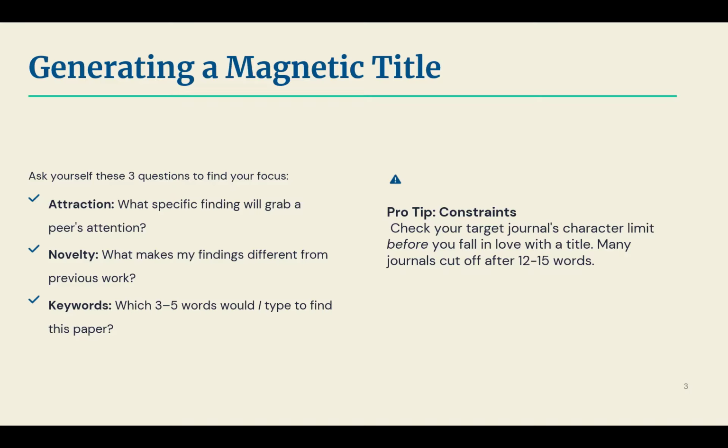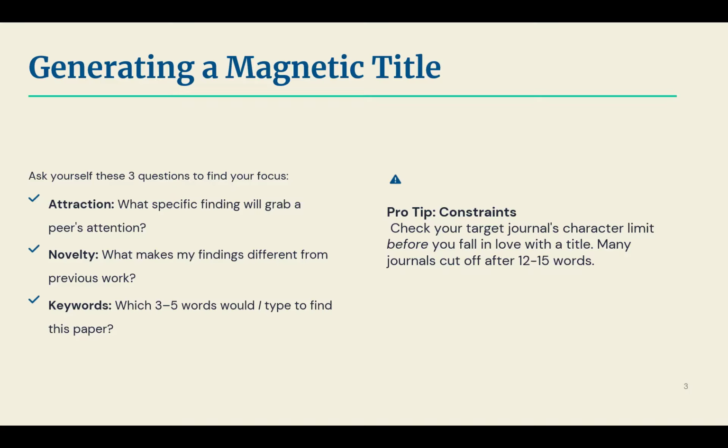But before you fall in love with your own title, read the particular journal and its title character limit, because each journal has a character limit. If your title is so attractive but does not fit within the character limits of a journal, you're going to be disappointed.